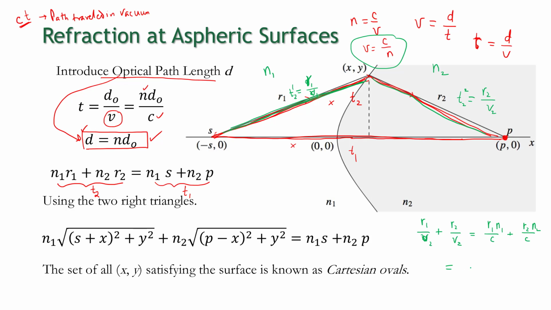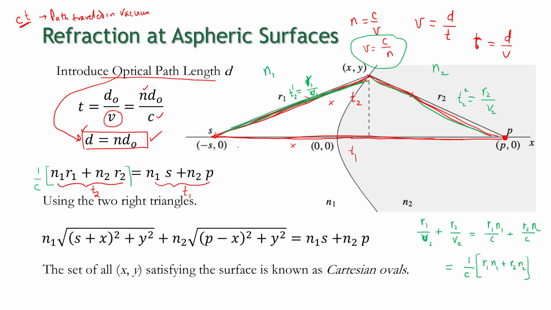Okay. So that is 1 over C times R1 N1 plus R2 N2. Okay. So which is this one, N1 R1 N2 R2, and I have 1 over C here.